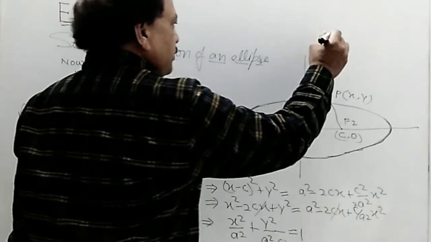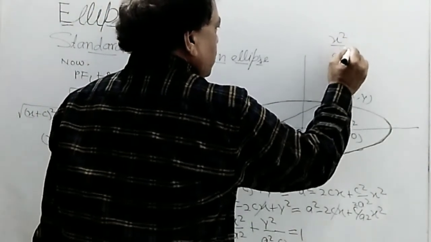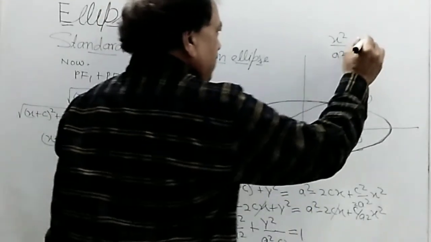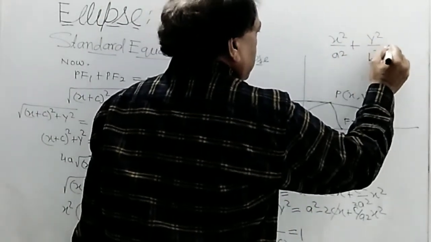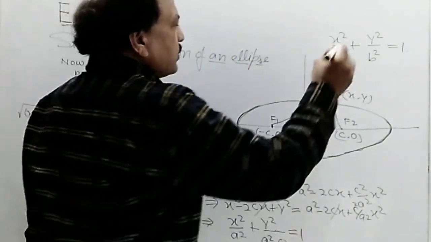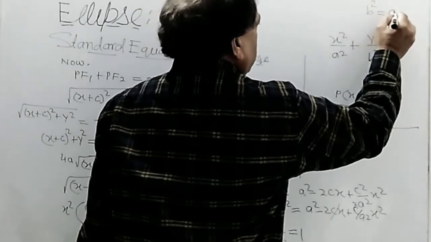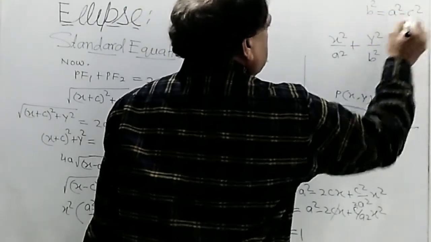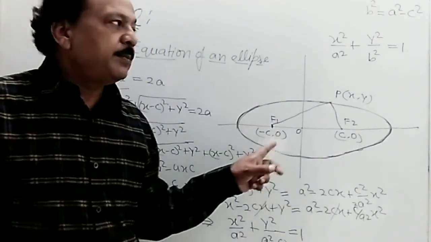So now here you see x square upon a square plus y square upon b square equal to 1, because b square equal to a square minus c square. In the place of a square minus c square, write the b square.